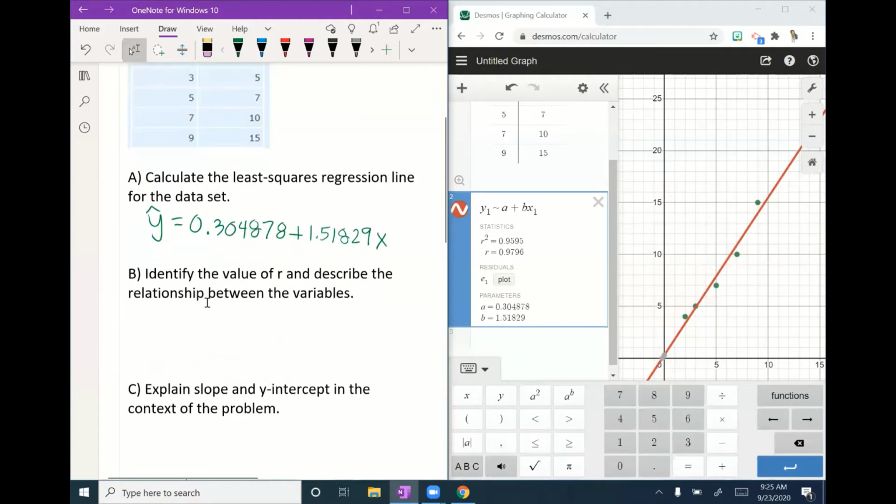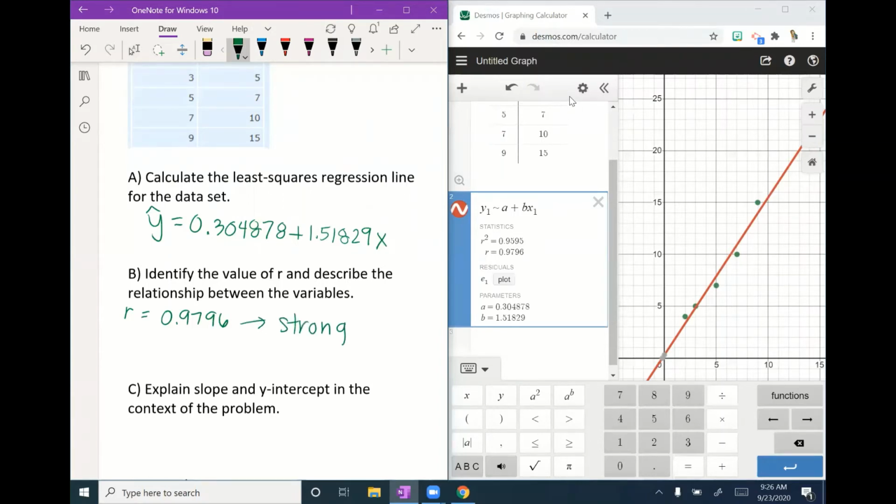Identify the value of R and describe the relationship between the variables. So looking at this, R is equal to 0.9796. So our R value, remember, strength means that it's close to 1. What that R value means is that as a value close to 1, this creates a strong linear relationship.